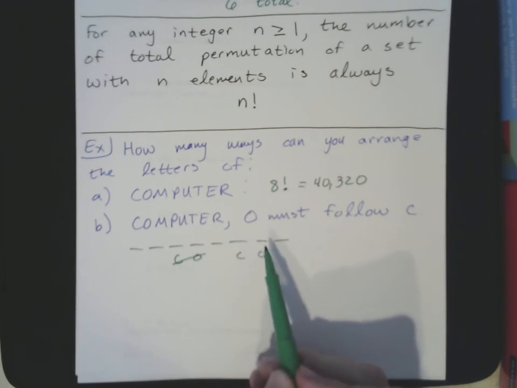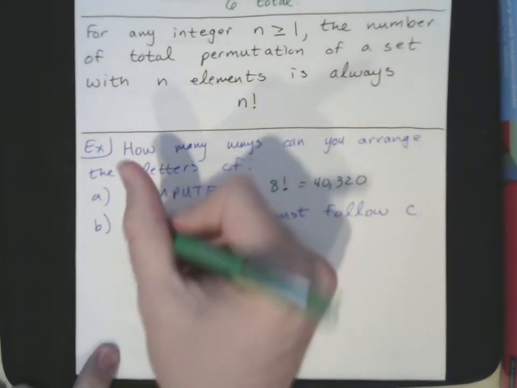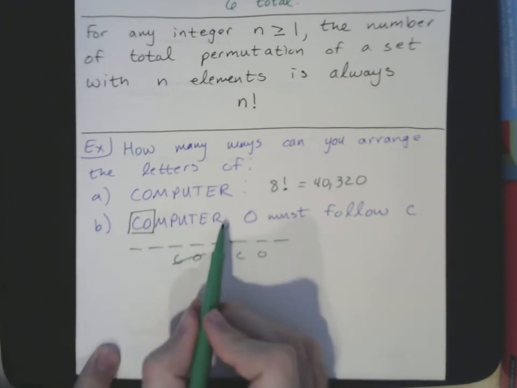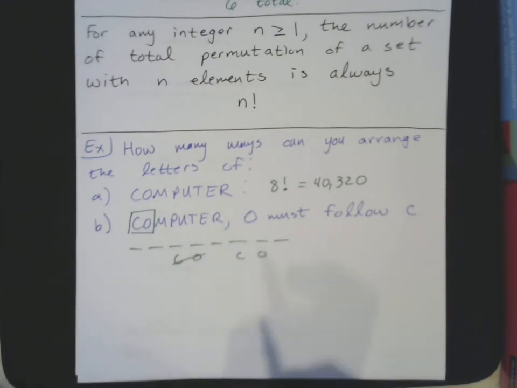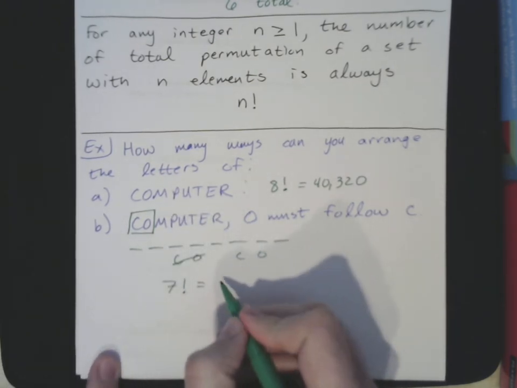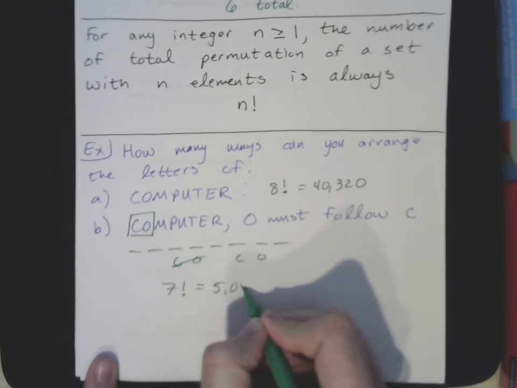This is no longer a choice for us. There's only one way. So the way that we think about this is consider C and O as one letter. So we're essentially combining two digits into one, because these always have to come after each other. And then we're not permuting 8 elements, we're permuting 7 elements, because C and O always come in that order. So we're really doing 7 factorial, which is only 5,040.